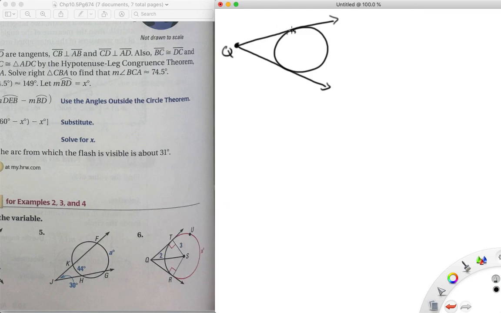This is Q. This is T. This is R. We're at the center here at S. This is the center of my circle. So we have it going that way and that way. They're going to be perpendicular to both of those guys. And if it's perpendicular, then that means that this line here is a perpendicular bisector. So this is perpendicular, this is perpendicular, which means that this angle and this angle are the same.